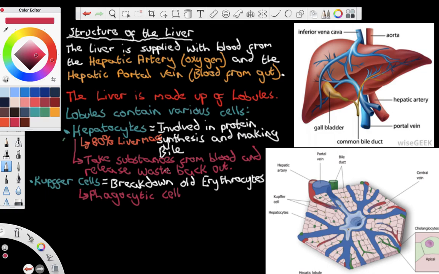We've got what are known as, and it's gone off the screen a little bit, cholangiocytes. Apologies, I can't really pronounce it. Now let me check the colours are right. That looks the same. So cholangiocytes.